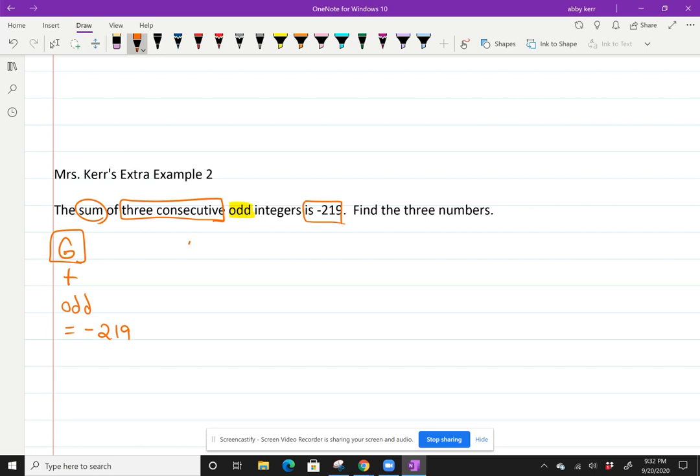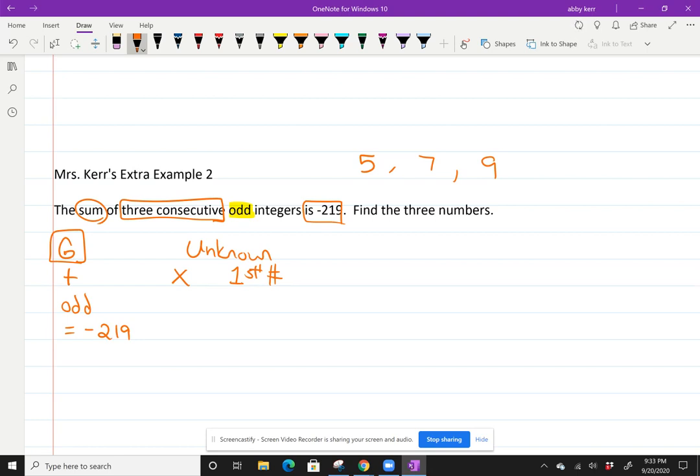Let's go on to the unknown. Unknown, you're going to have the first number be the x. But this is where you have to be careful. If you have an odd number, let's say 5, and then 7, and then 9, these are consecutive odd numbers.